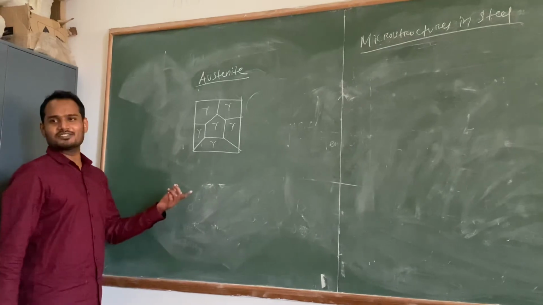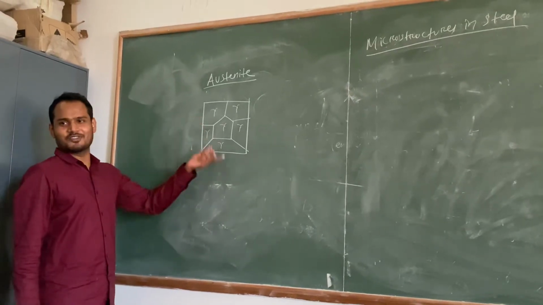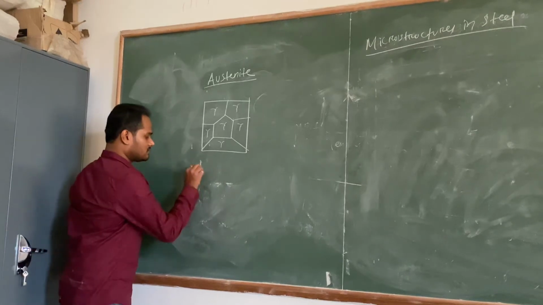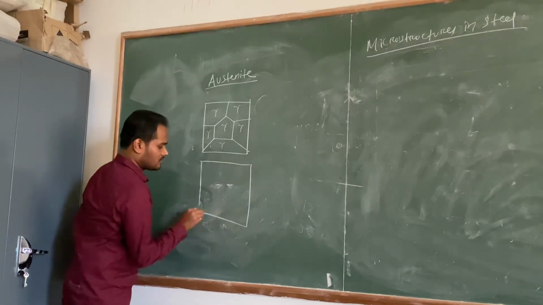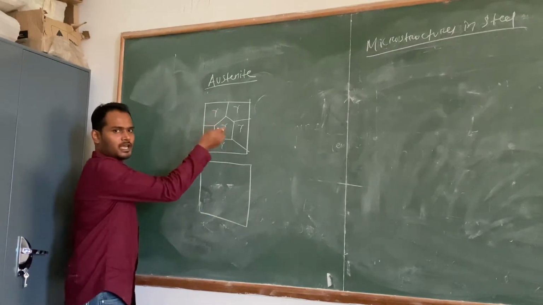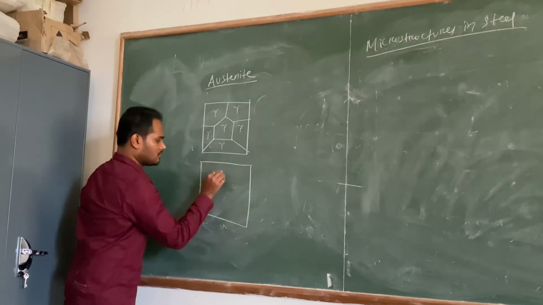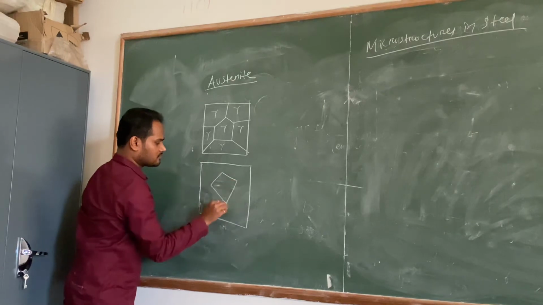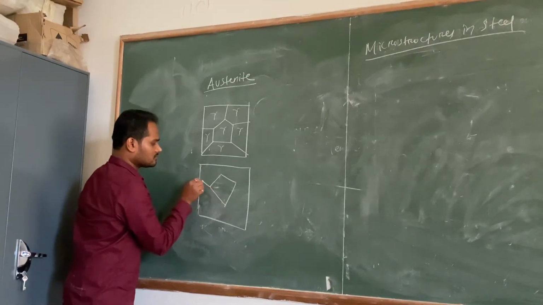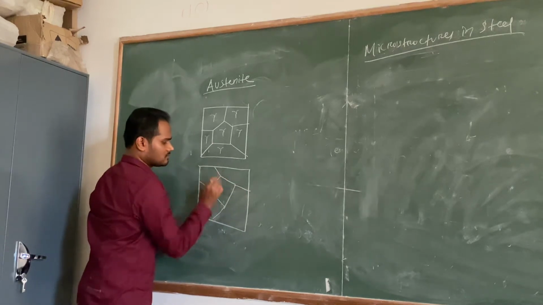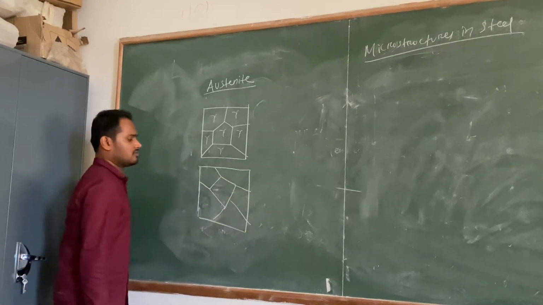But in the real situation, these are not straight lines actually. Grain boundaries are not straight. So you can show it like this. This is the easy way to draw it, a cartoon diagram. But in the real situation, it will be like this maybe. You will be having this kind of thing.